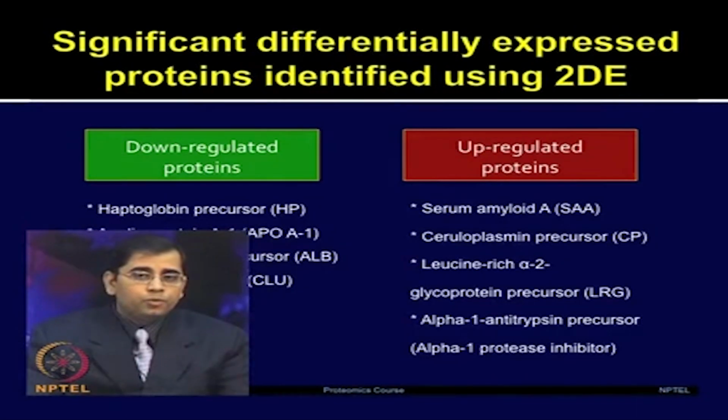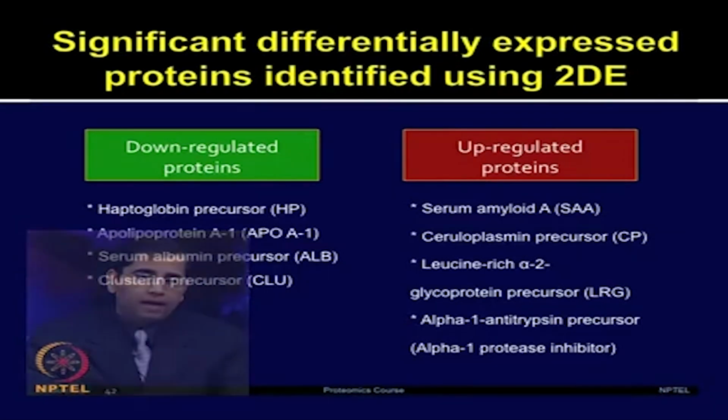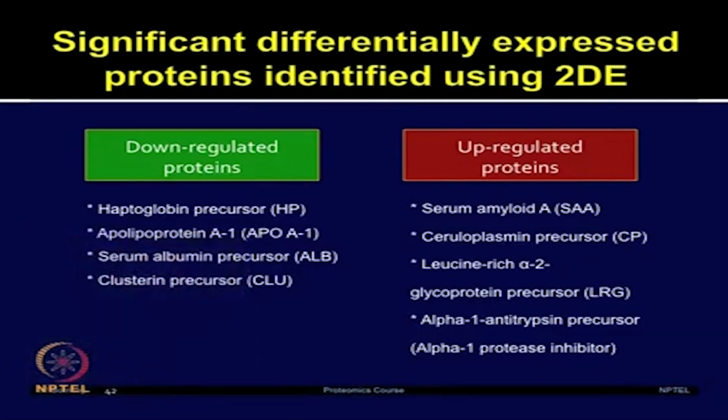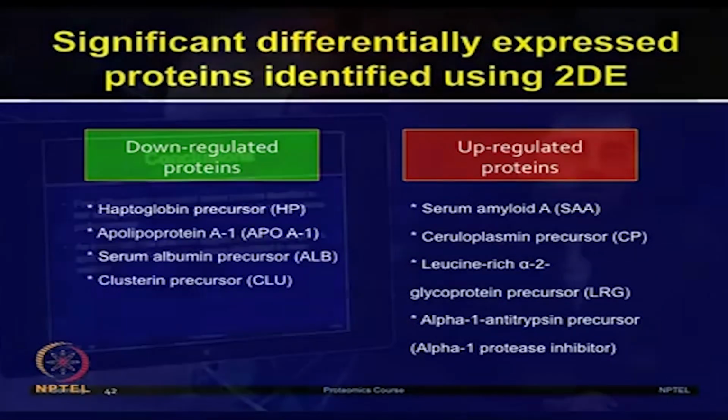These are some of the proteins listed here, such as haptoglobin, apolipoprotein A1, serum albumin precursor and clusterin. These were down regulated, and serum amyloid A, ceruloplasmin precursor, leucine rich alpha 2 glycoprotein precursor and alpha 1 antitrypsin precursor were upregulated among many other proteins.